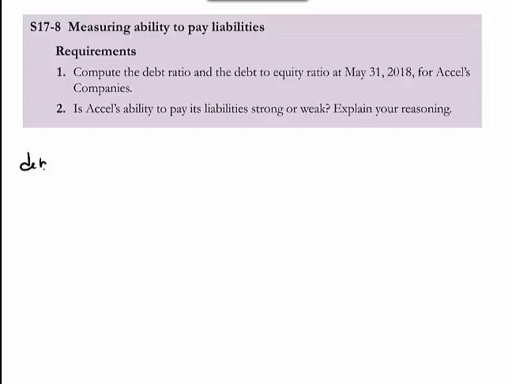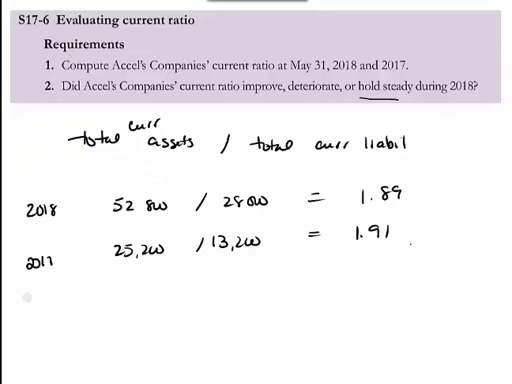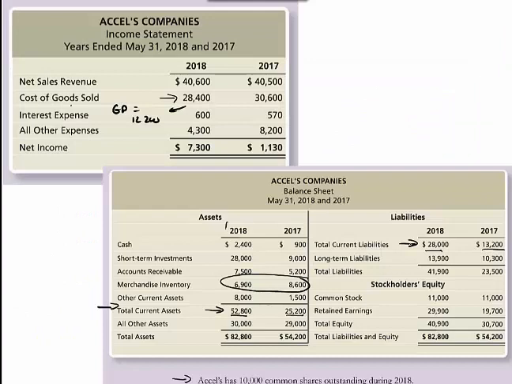So the debt ratio is total liabilities divided by total assets. And then the debt to equity ratio is total liabilities divided by total equity. And so all of these we would get off of our balance sheet right here.